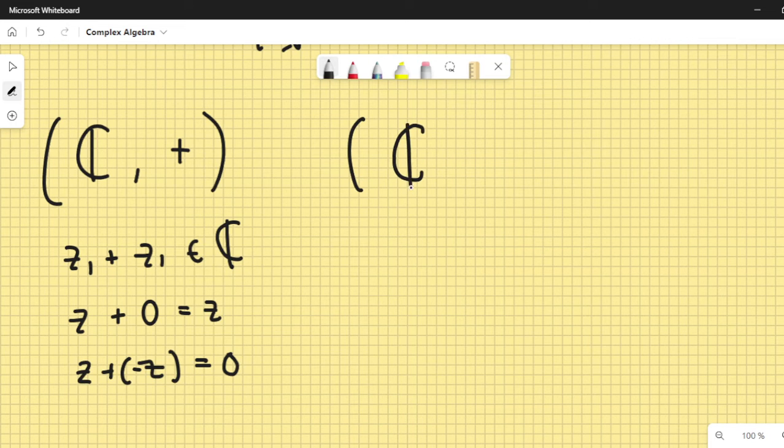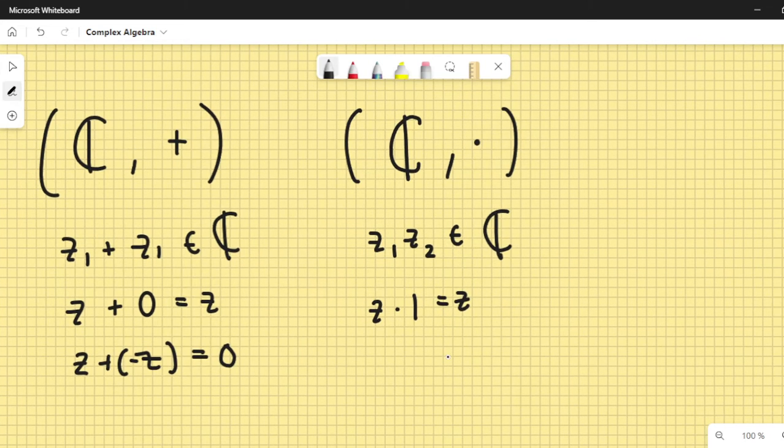And if you take the complex numbers and the product, it happens the same. If you take one complex number and you multiply by another complex number, the result is still a complex number, so they are closed. If you take a complex number and you multiply by one, you get the same complex number, so the identity is one. And for every complex number you are able to find another number whose product with it is the identity.